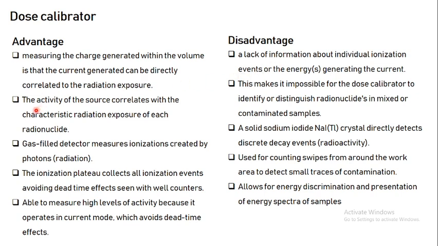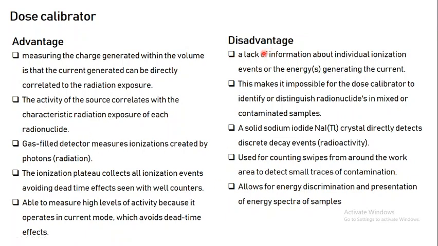These are the advantages: the activity of the source correlates with the characteristic radiation exposure of each radionuclide. Gas-filled detectors measure ionization created by photons. Another advantage is that the ionization plateau collects all ionization events, avoiding dead time effects seen with a well counter, and it is able to measure high levels of activity because it operates in current mode, which avoids dead time effect.